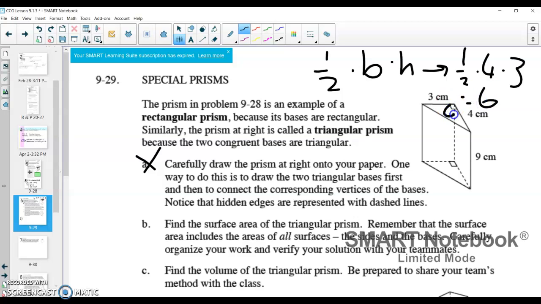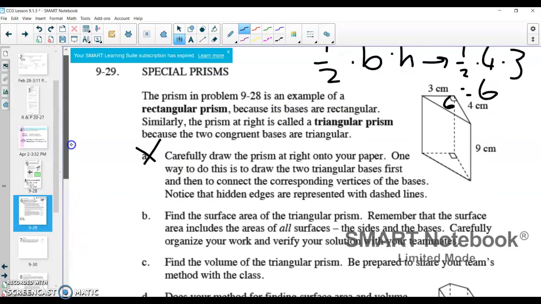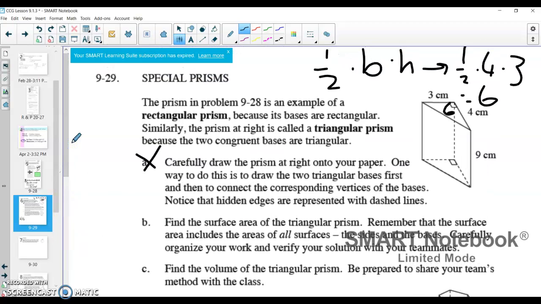And so the top part here is 6, and that's part of our surface area. I know that in prisms, the bases, the top and the bottom, are congruent. So if that area is 6, this area down here is also 6 for the bottom triangle.